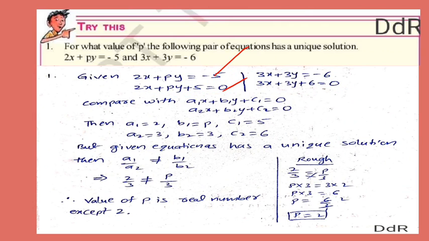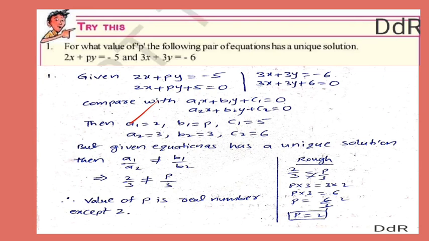So now both equations are in the standard form of a pair of linear equations in two variables. Next, compare with the standard form a1x plus b1y plus c1 equals 0, a2x plus b2y plus c2 equals 0. Then write the coefficients a1, a2, b1, b2, c1, c2.